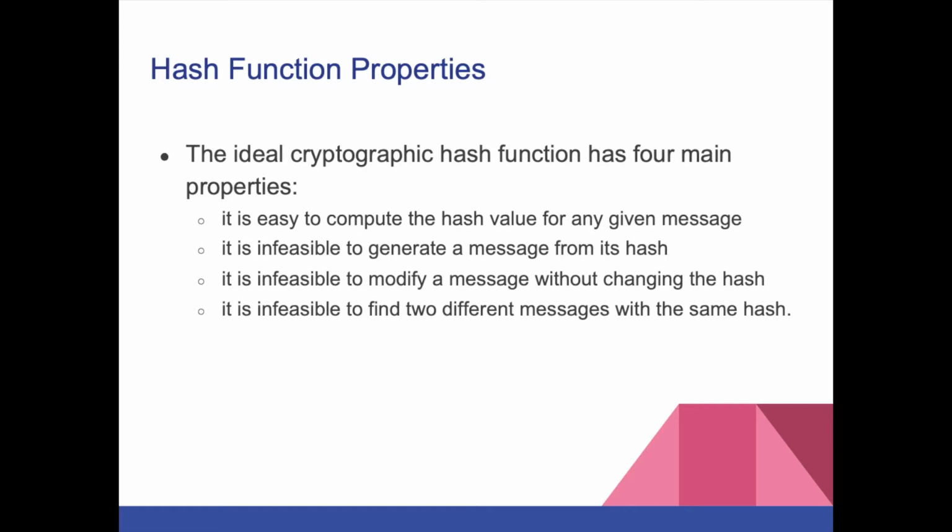So, there are 4 key traits that make a hashing algorithm good. First, it should be easy to compute the fingerprint or hash value. In other words, it shouldn't take a computer 5 minutes to run the algorithm. Next, it should be essentially impossible to unscramble the data.